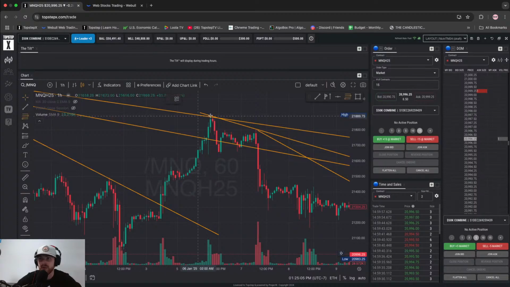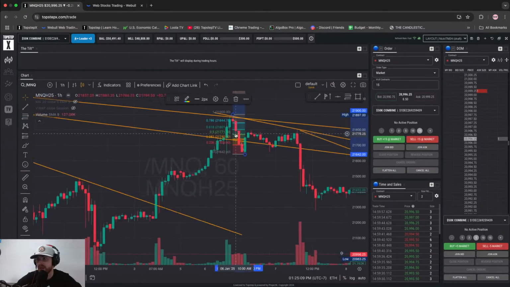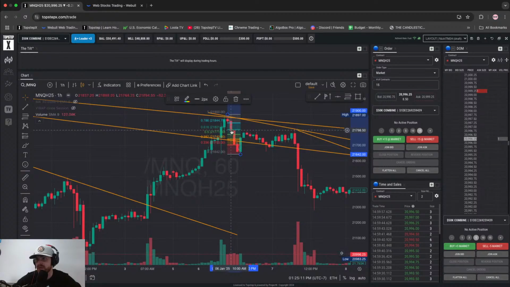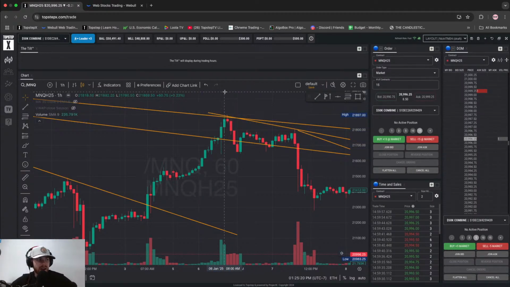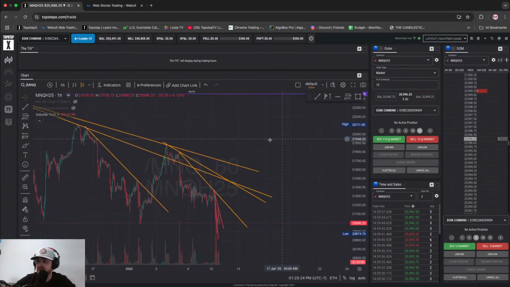And I bet if you used something like the fib, it would land right between the 0.618 and the 0.5. So you could have identified that and used this as your take profit. That's a new way that I've started trading, and it has been pretty good for me.